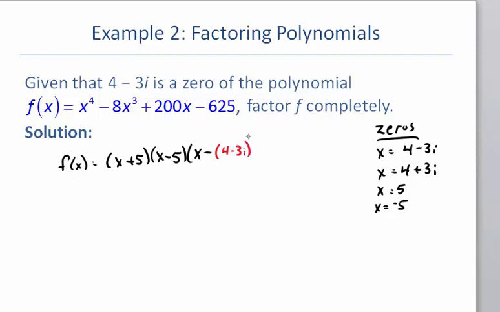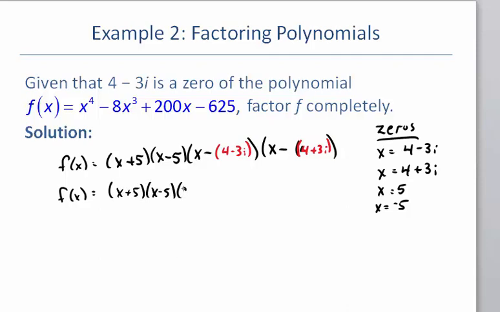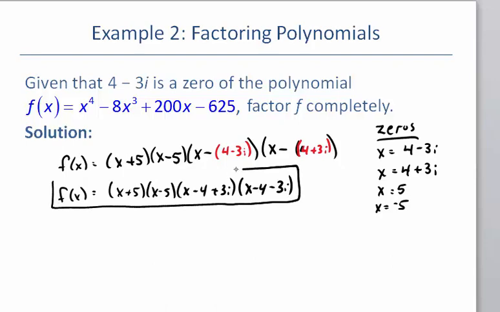We'll come back and we'll clean that up in just a minute. And then we're going to do x minus, and we're going to put the other 0. All right, so we are going to have x plus 5 times x minus 5 times x minus 4 plus 3i times x minus 4 minus 3i. And I'm just distributing that negative through both of those parentheses. So there is my final answer in factored form.